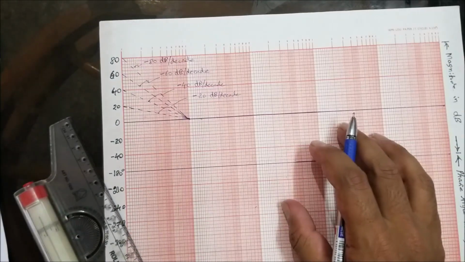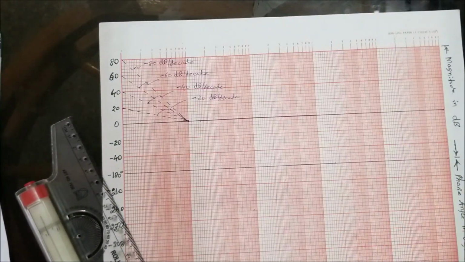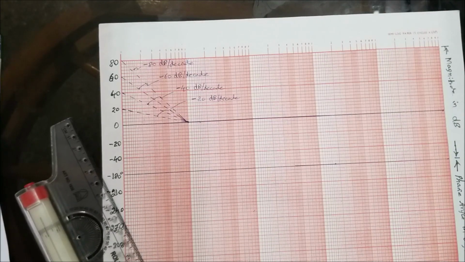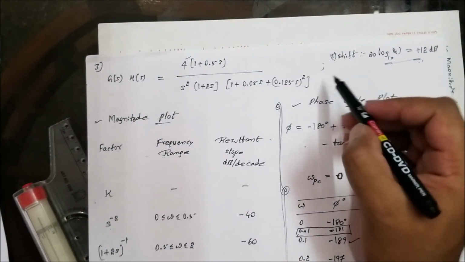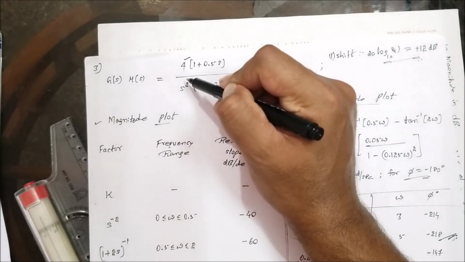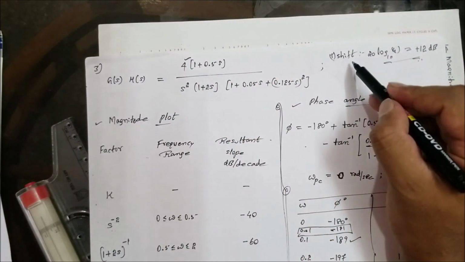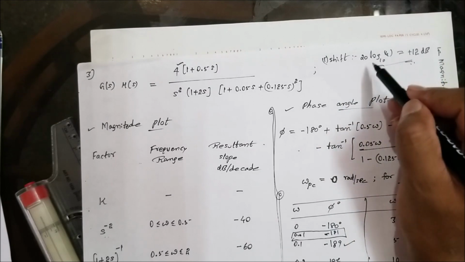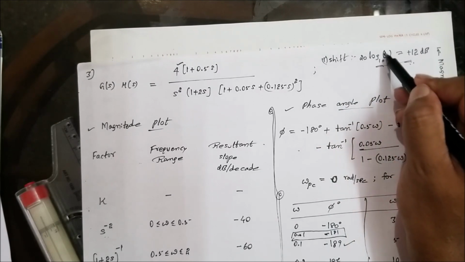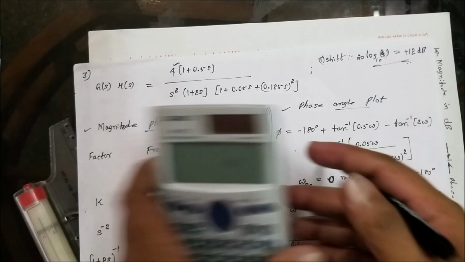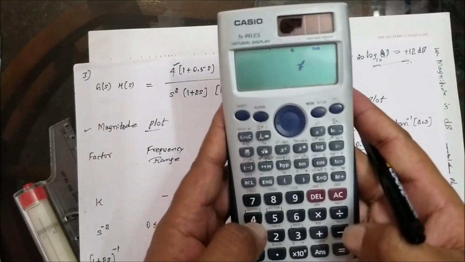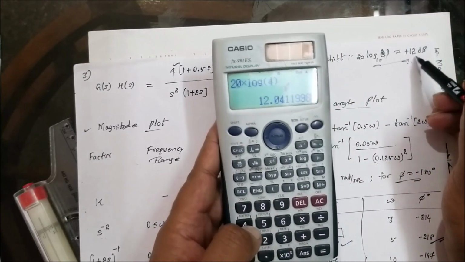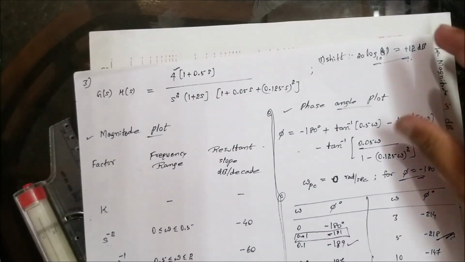Correct? Now, to start the problem, we have the value k here. So I want the shift. Since the value of k is 4, the shift for the magnitude plot is 20 log 10 k, that is 20 log 10 of 4. If I calculate 20 into log 4, the shift turns out to be plus 12 decibels.